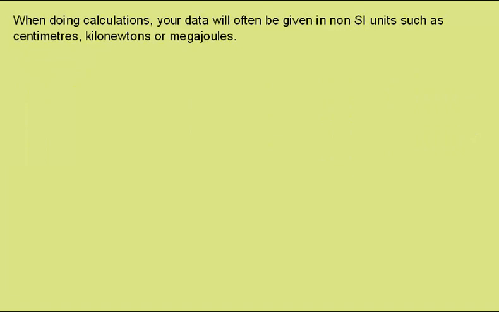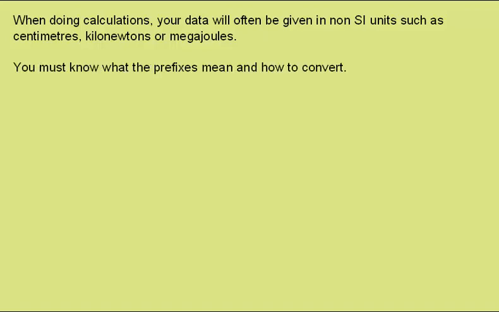When doing calculations, your data will often be given in non-SI units, such as centimetres, kilonewtons or megajoules. You must know what the prefixes mean and how to convert. So I'll run through a list of the prefixes you need to know. 10 to the minus 12 is known as pico, and the abbreviation is a lowercase p.